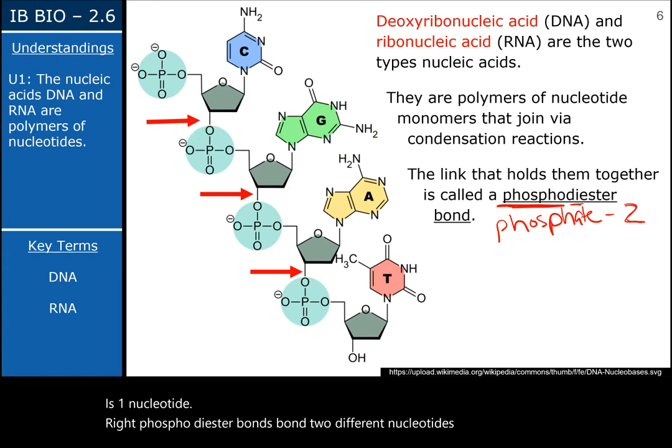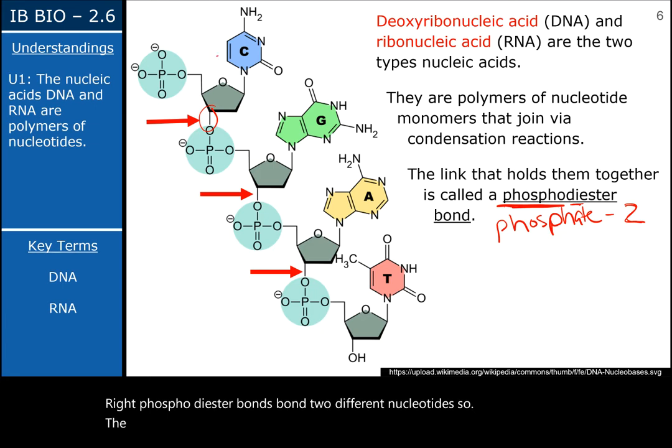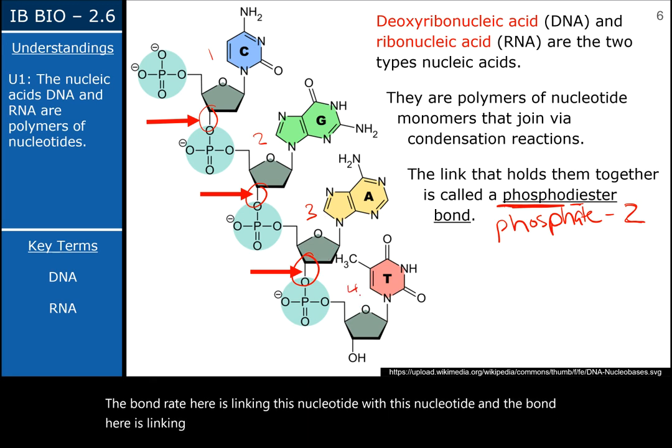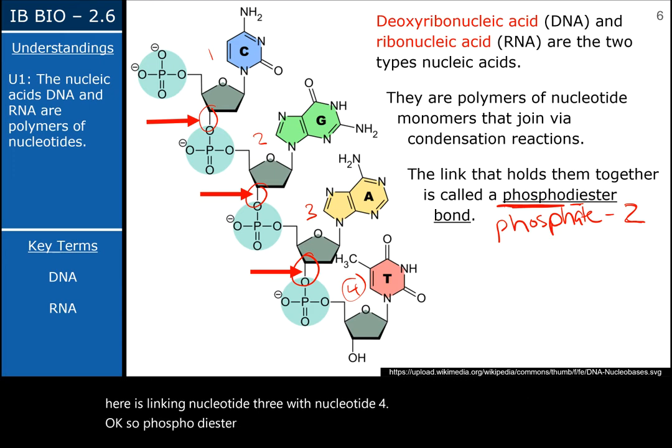So the bond here is linking this nucleotide with this nucleotide. The bond right here is linking this nucleotide with this nucleotide. And the bond here is linking nucleotide 3 with nucleotide 4. Okay, so phosphodiester bonds are the bonds that link nucleotides together.